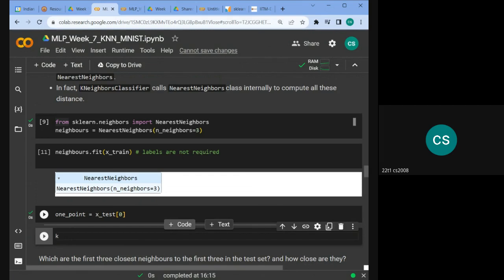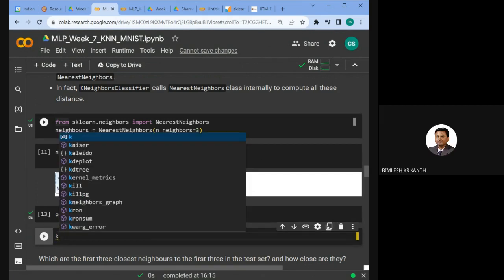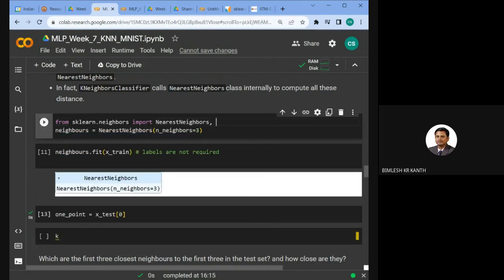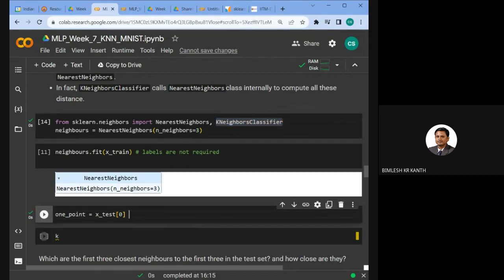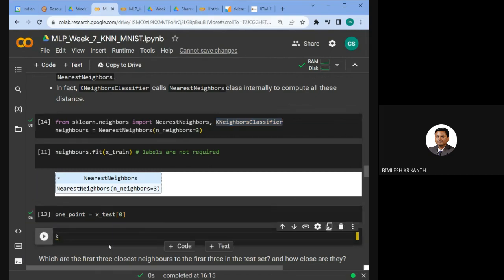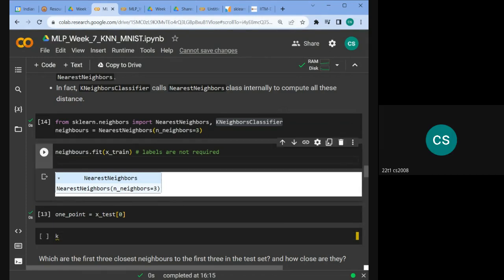So nearest neighbor is only calculating distance, with the k supplied, correct? Correct. So K nearest neighbor is using this nearest neighbor algorithm within itself? Yes. It uses it to calculate the distances of the points.